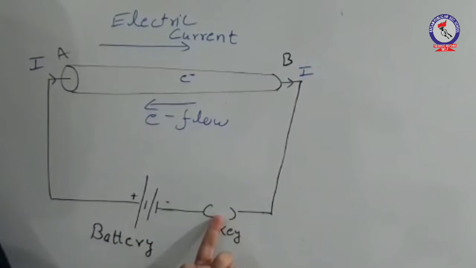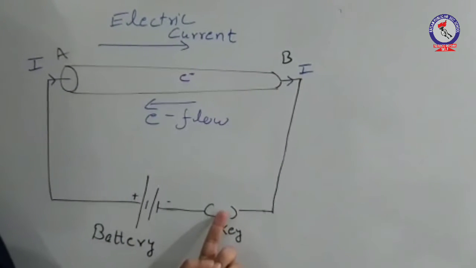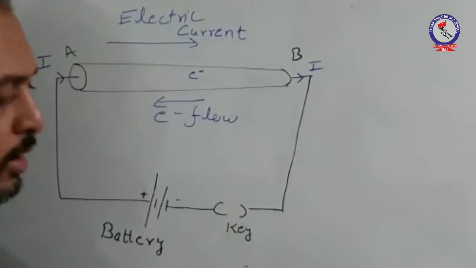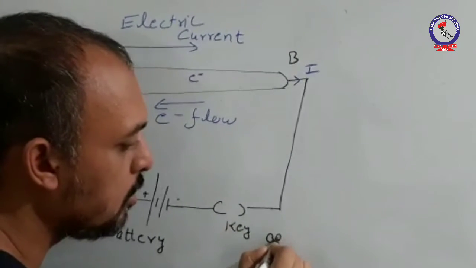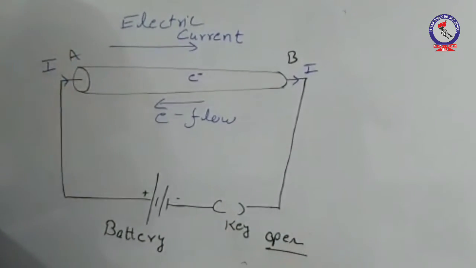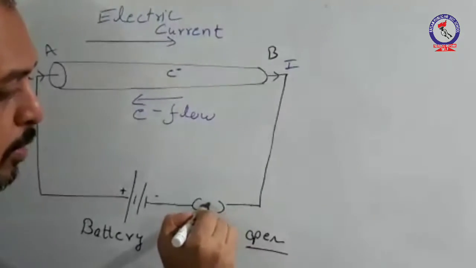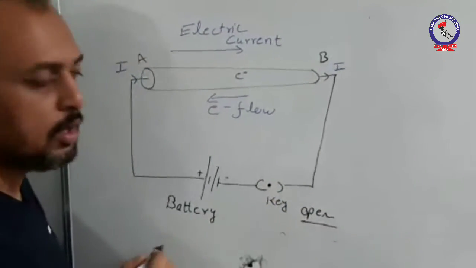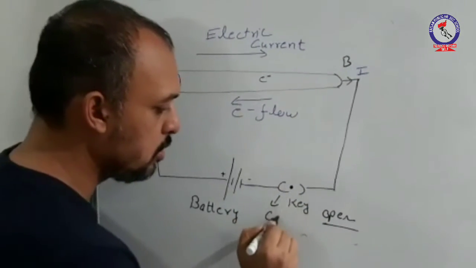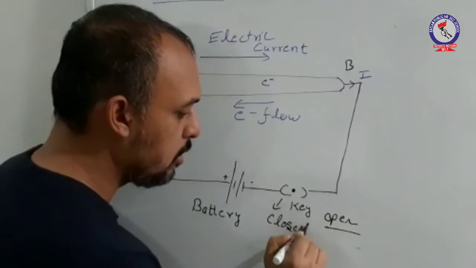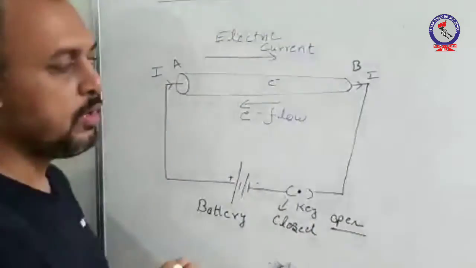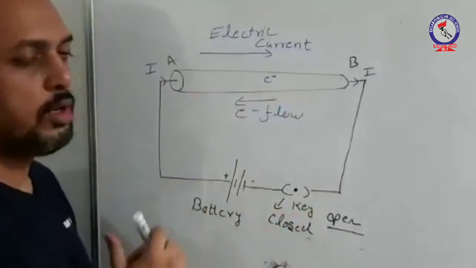Initially, you can observe that there is a gap between this bracket, which says that initially the key is open. When I put a dot here, it shows that the key is closed, which is allowing electric current to flow in the circuit.